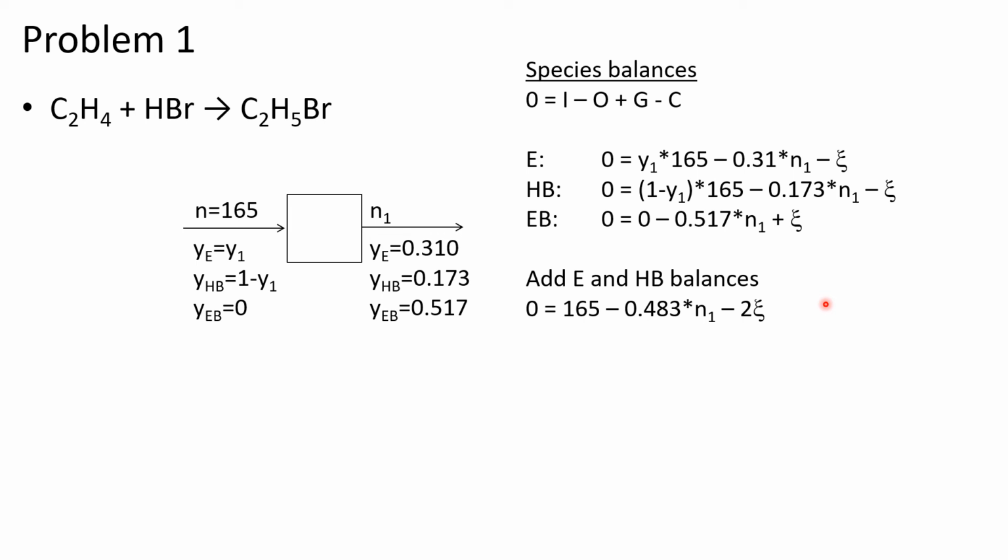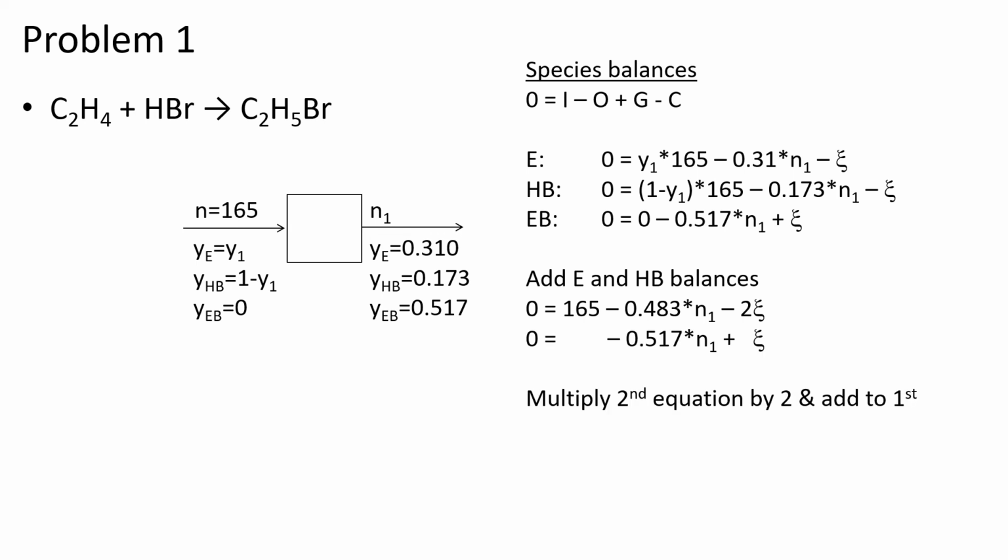Okay, so what we're going to do next is combine this ethyl bromide balance with this sum of the two other balances, and see if we can solve those two equations together. The ethyl bromide balance has been written down here in a way that will facilitate solving these two equations simultaneously.